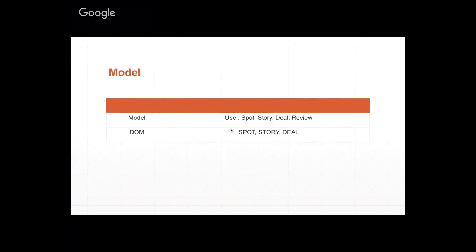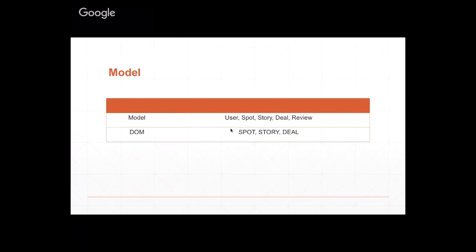Last, let's talk about the modules. I have five modules in total. User is just the user. Spot is a place for tourists, which could be a famous place like Boston, or a museum, mountains, or other things. Stories are your personal travel experiences about a spot, and views are related businesses you want to make money from at this spot.